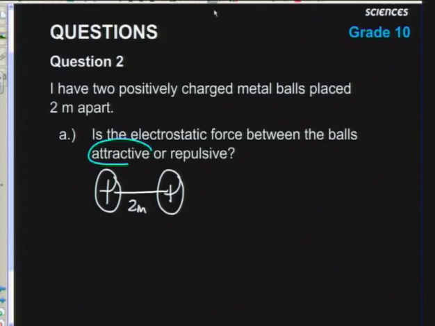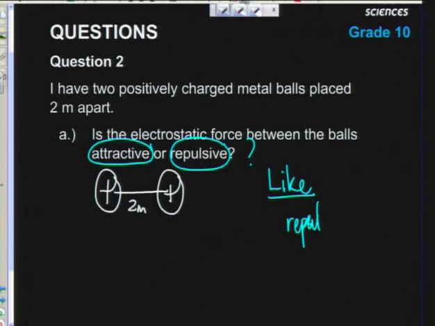Well, they are both positive, so like charges, and we know like charges will repel.